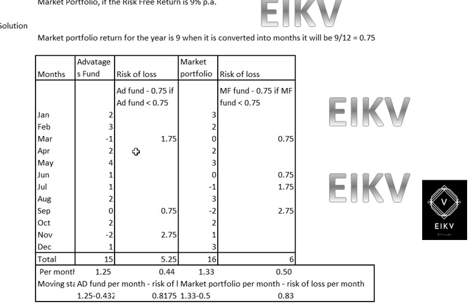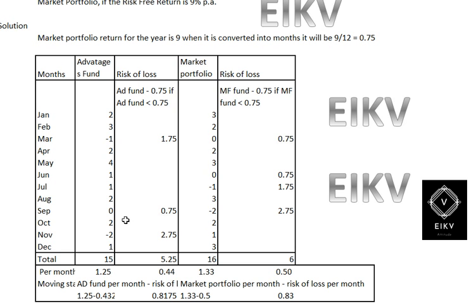In April we have 2 minus 0.75, which will not make any difference, or it would not be a negative return. For May it would be 4%, 4 minus 0.75, no problem. For June it would be 1 minus 0.75, no problem. July same, and in August it would be 2 minus 0.75, there won't be any problem.